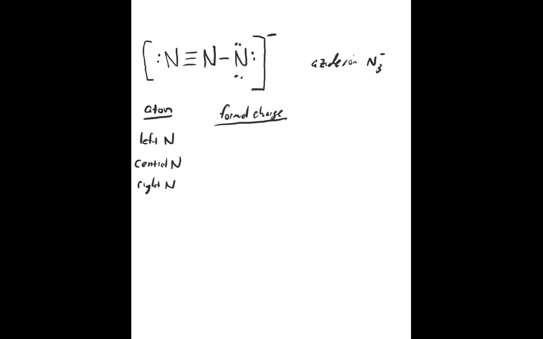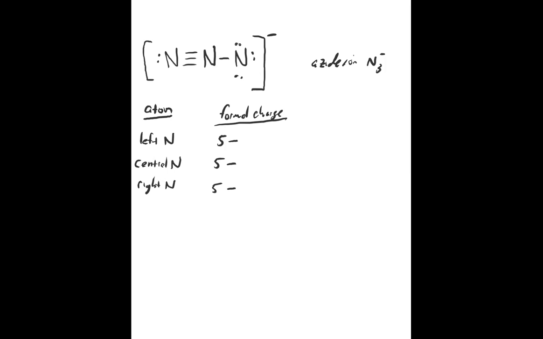Let's start with the periodic table. Nitrogen is in group 5A, so it has 5 valence electrons. For each of these atoms, I'm going to write that number down. 5 valence. It's the same element, so they're all going to have the same number. And now we're going to subtract the electrons in the Lewis structure.